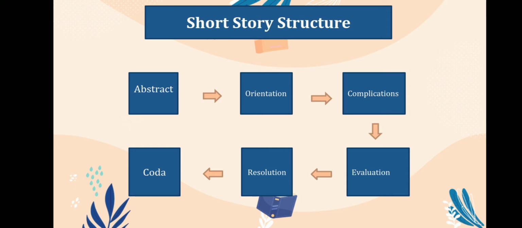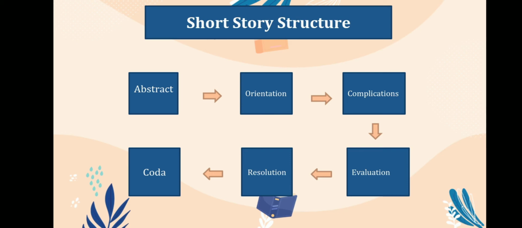4. Evaluation. In this evaluation section, there is a conflict of problems that is getting worse. Conflict begins to rise to reach the climax and get a solution to the problem that occurs. 5.